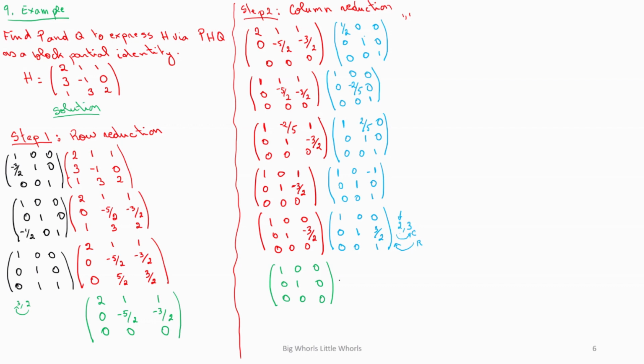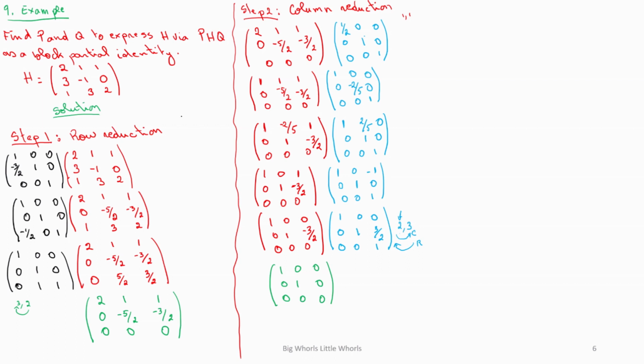That's what we have seen in the lecture, because this block partial identity and the matrix H are equivalent, or matrix H is equivalent to a specific block partial identity.